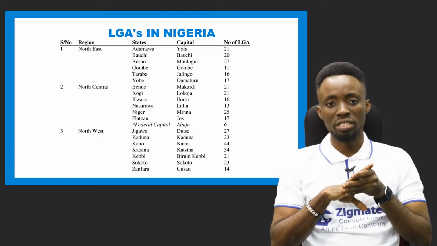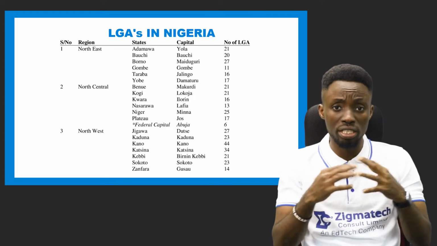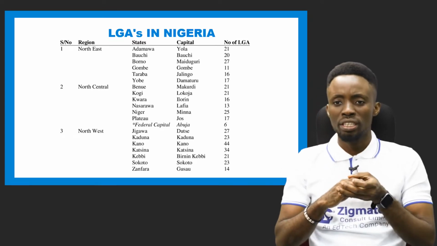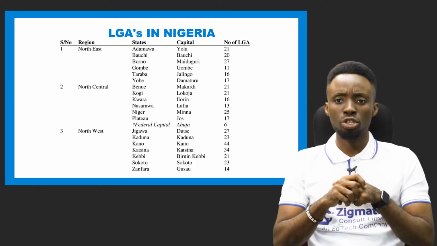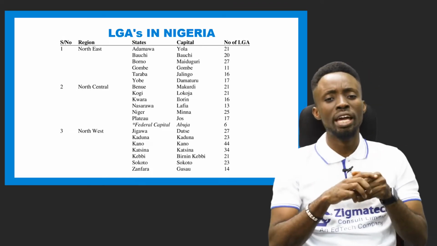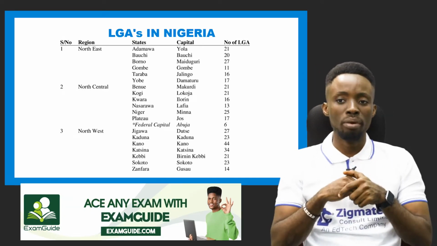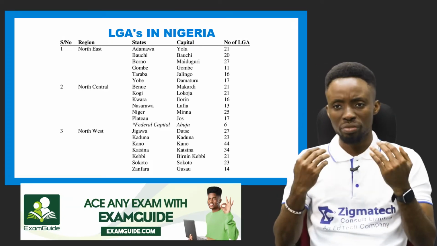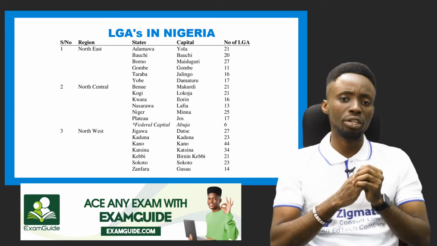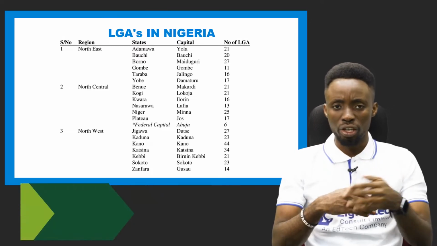Now we start with the 6 geopolitical zones, and we are going to take the Northeast as the first. Now, the Northeast geopolitical zone has states like Adamawa State. It has Bauchi, Gombe, Borno, Taraba, and Yobe, and these are the states we have in the Northeast. And let's look at them one after the other.